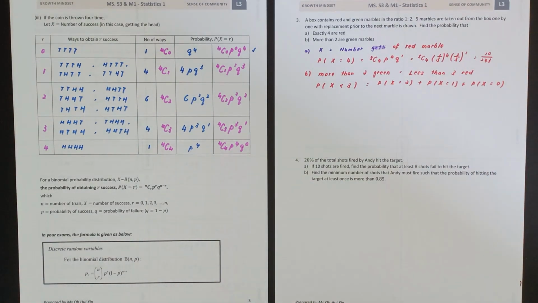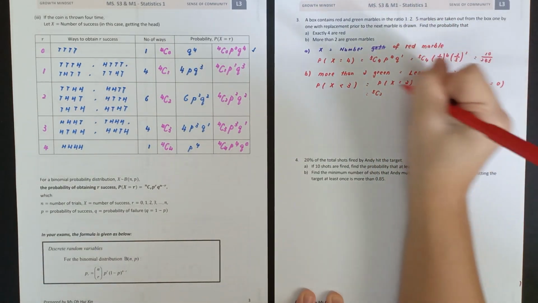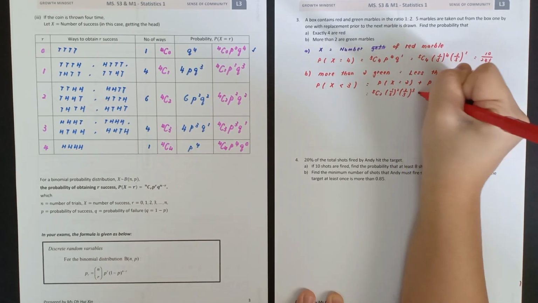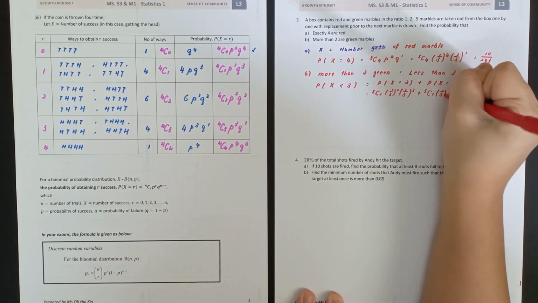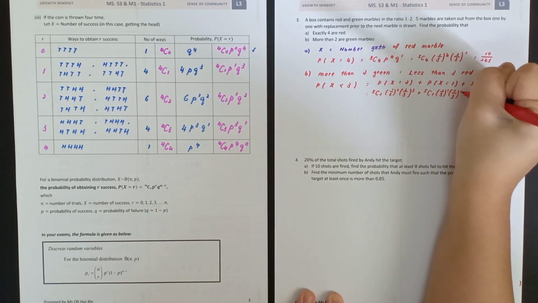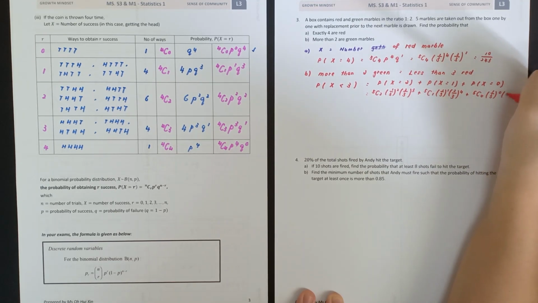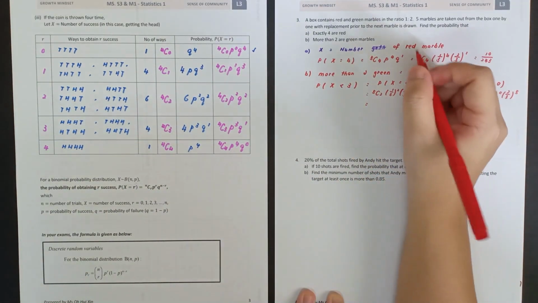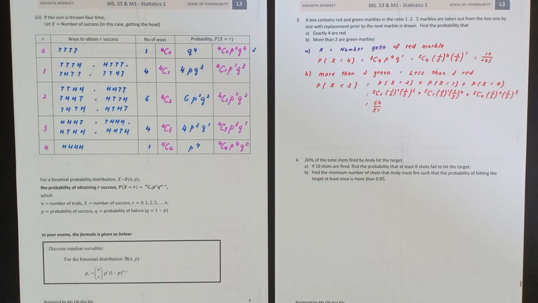I'll write it down very quickly. 5C2 p^2 q^3 plus 5C1 p q^4, and the last one 5C0 p^0 q^5. So you will get your final answer as 64/81.